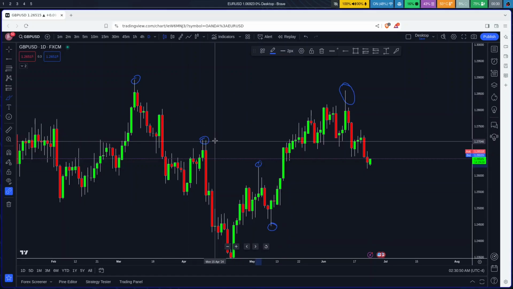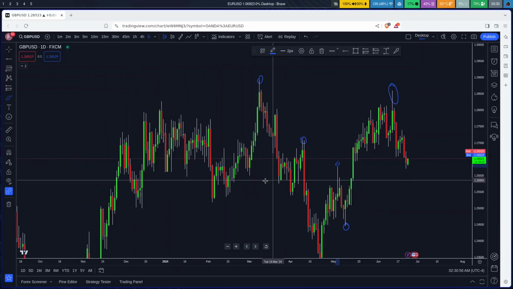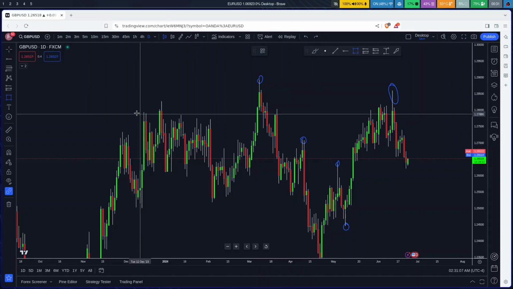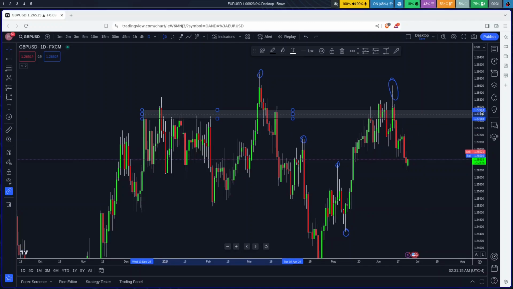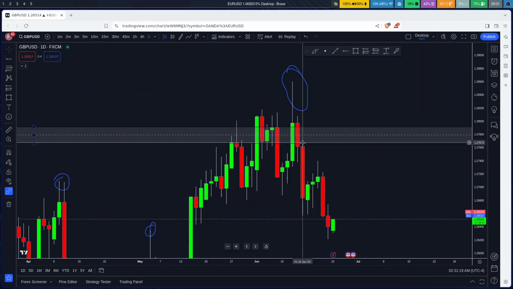So you're going to start looking around to see where you find some wicks, and then you're also going to look at where you're finding flat spots. So let me get out of the pencil tool and we'll pull up our line. A lot of people will say use a range, use a box, but one inherent issue with that is you're looking at an extremely wide range of area.